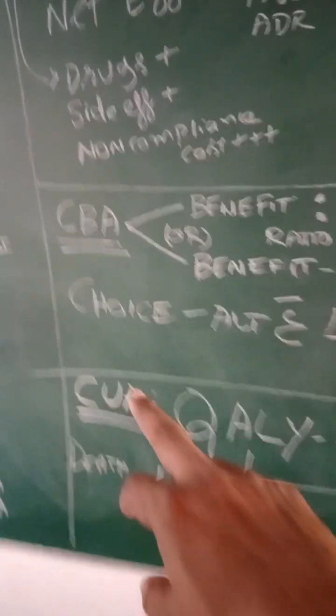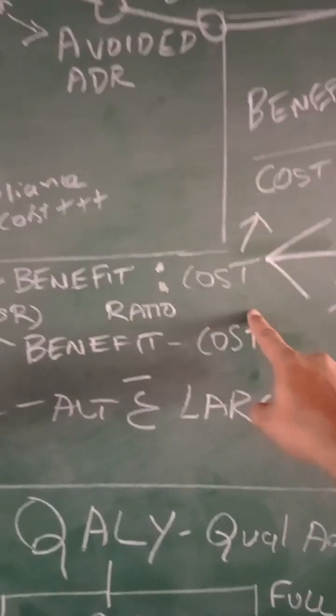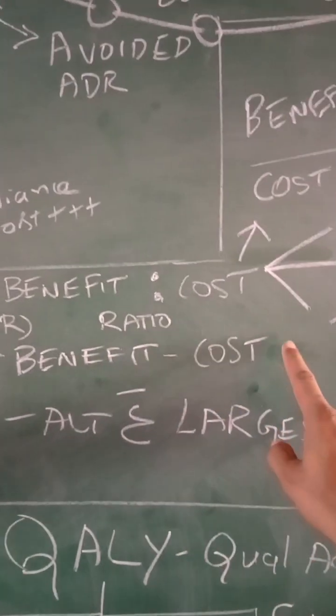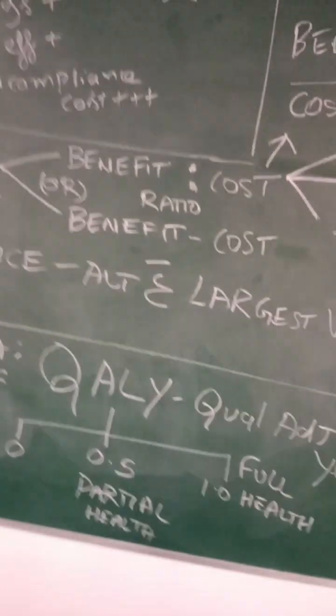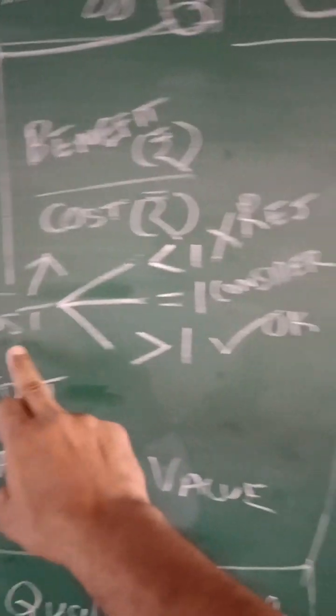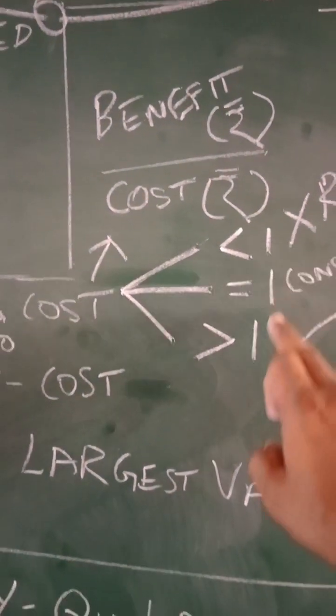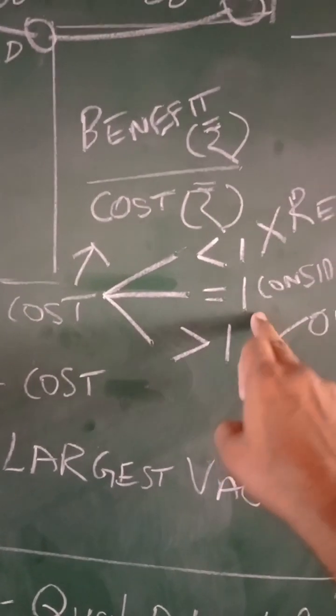Next comes cost benefit analysis. Benefit cost ratio or benefit minus cost. This has to be calculated here. So the cost benefit ratio, benefit versus cost ratio, if it is going to be above 1, just reject it. When it is going to be equal to 1, you can consider.